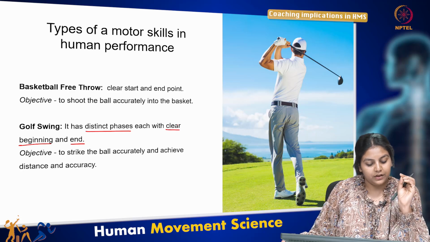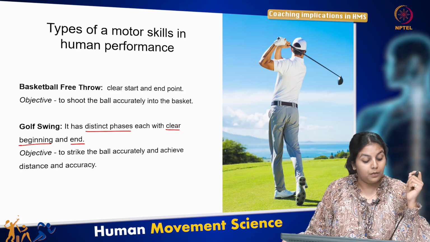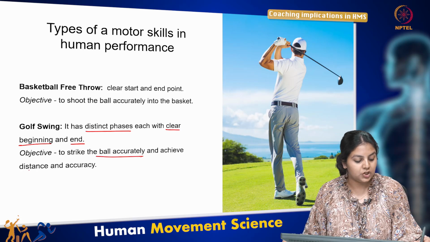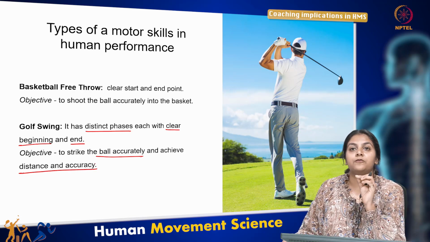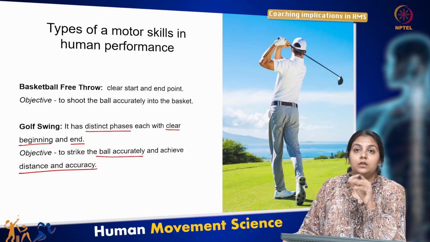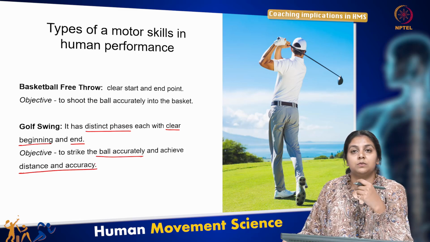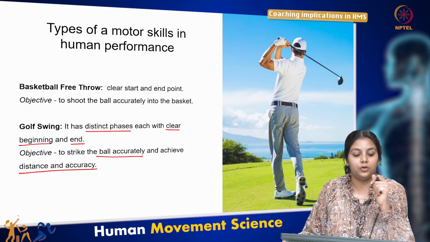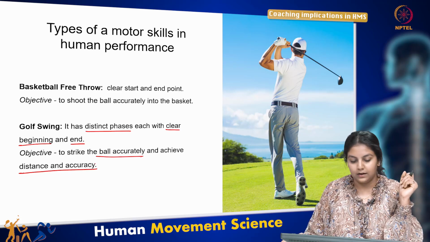Within these phases, one of the phases, which is the execution phase, the objective is to strike the ball accurately and achieve distance and accuracy. Based on the type of shot that we are going for, the distance might be quite far away, or the distance might be merely 10 meters, and it's very important to achieve accuracy with distance and direction.